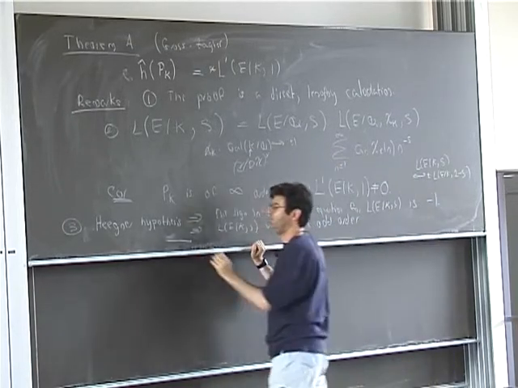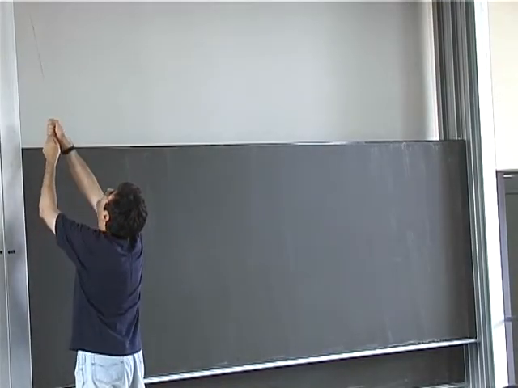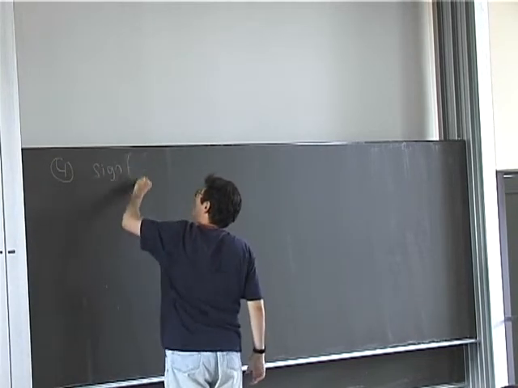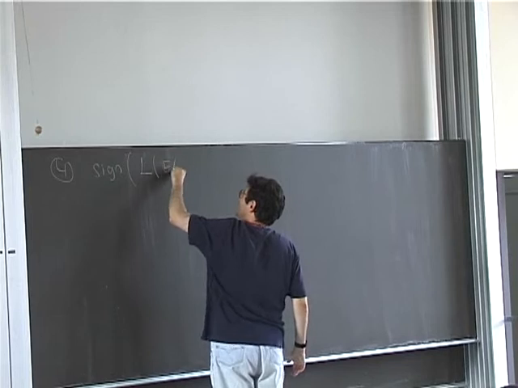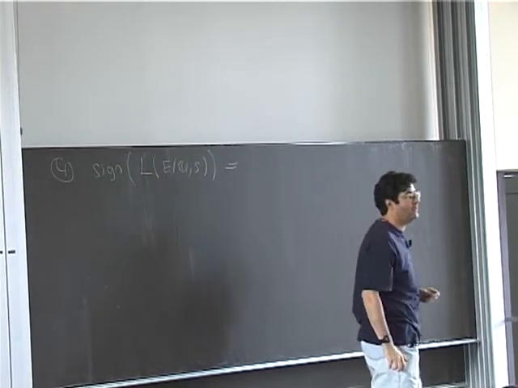Okay, so maybe this will be remark 4. If I look at the sign for the functional equation of the L series of E over Q, well, there is a formula for it. I can be quite explicit.